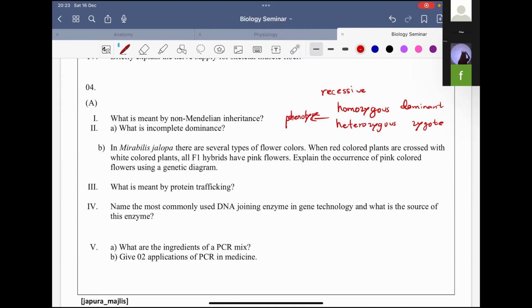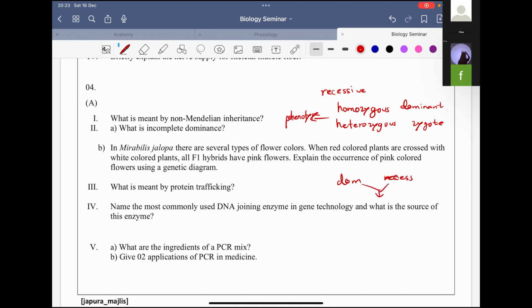But in incomplete dominance, it is not like that. In the heterozygous state, there is the phenomenon of expressing blend phenotypes from both alleles. The dominant and recessive both contribute, and there will be a blend phenotype.